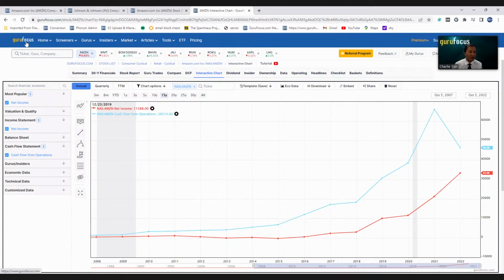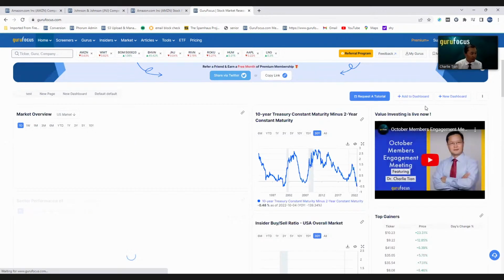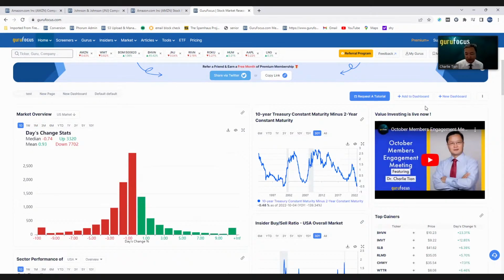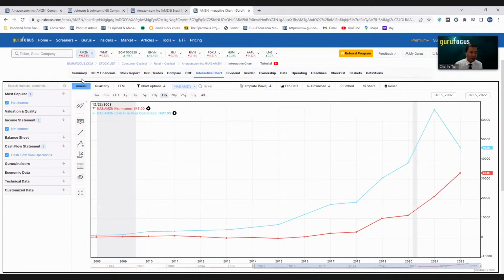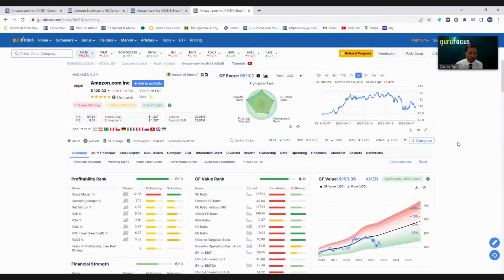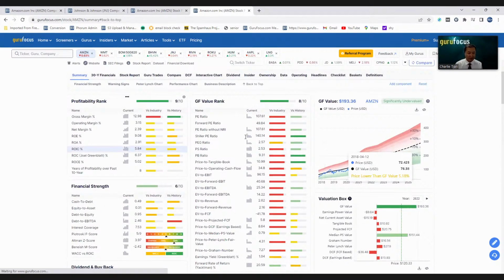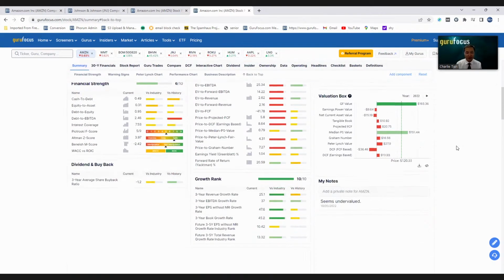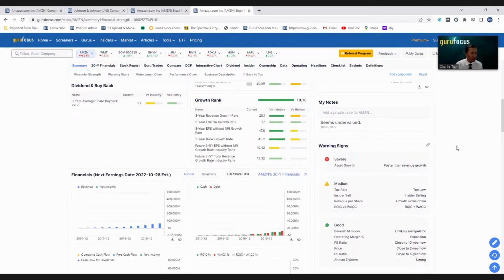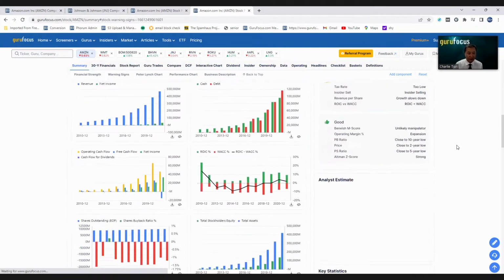Okay. If there's no question about this, again, I encourage you to customize this summary page so that it can work better for you.